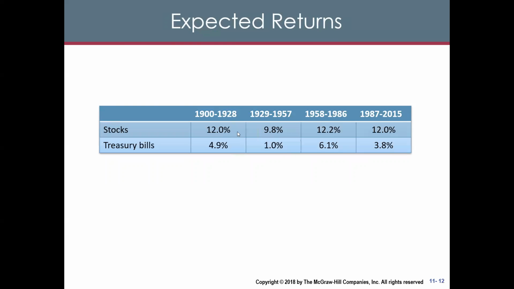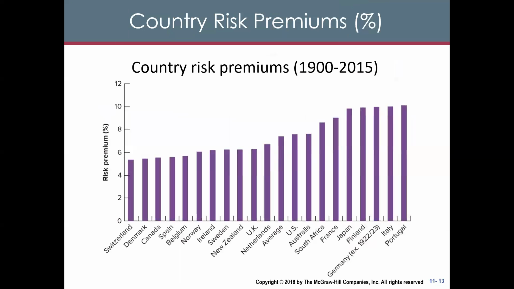Okay. And if you do the calculation, you will see it's not constant, but it's at the same level. However, for different countries, some countries may have a higher risk premium, and some countries may have a lower risk premium, depending on the environment of their stock market and the expectations of those investors.